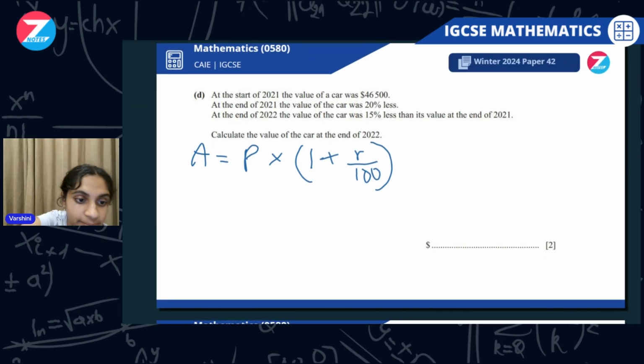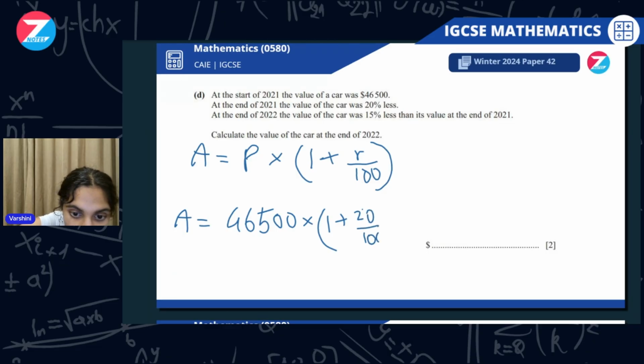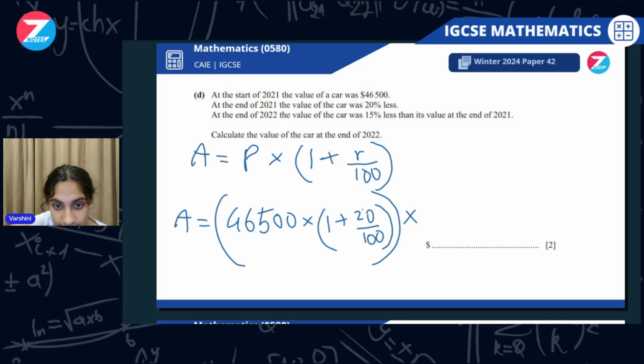So now that's going to be A is equal to the principal amount, which is 46500 into 1 plus 20 by 100. Again, it's getting depreciated again, so this is going to be the next, this whole amount, into the next 1 plus r by 100, which will be 1 plus 15 by 100.